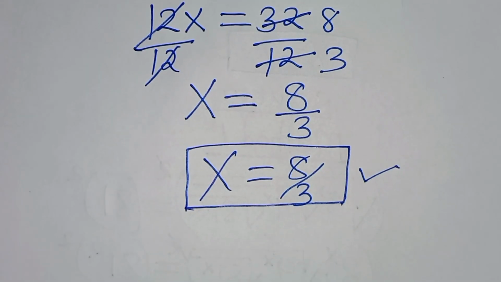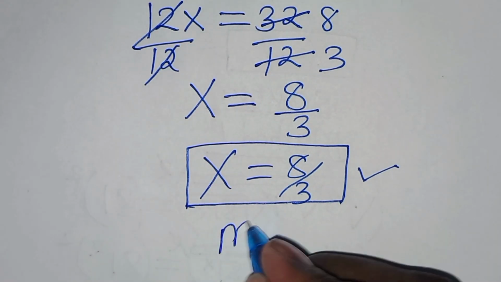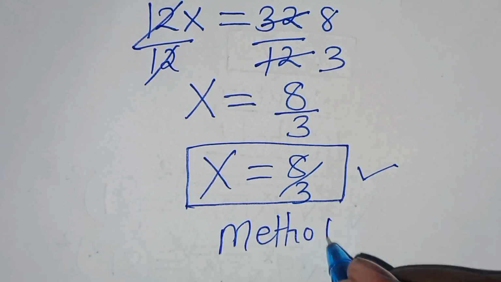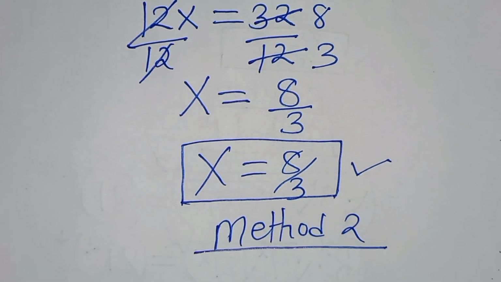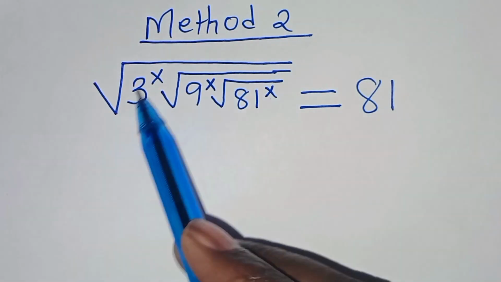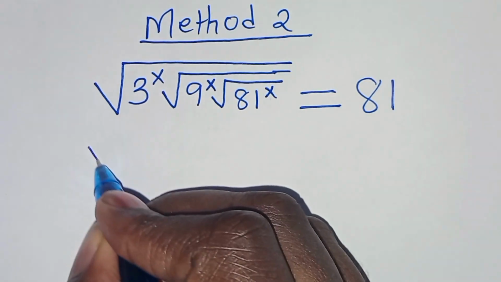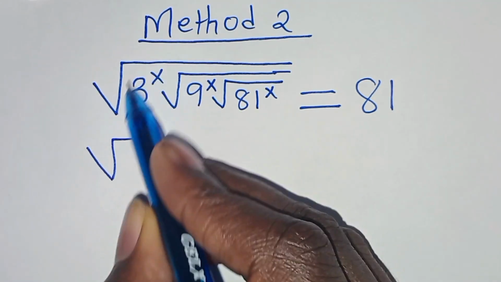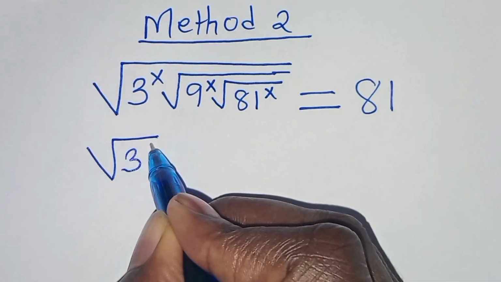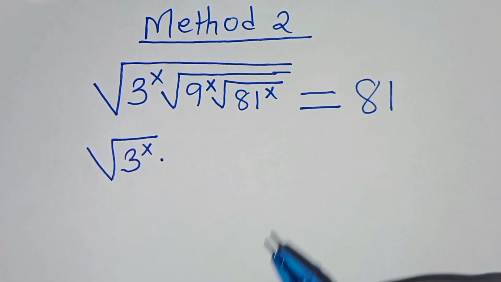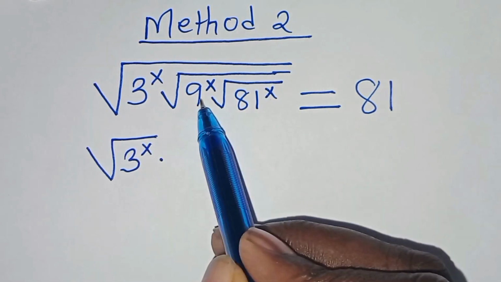So let's proceed to method 2. From here, we can express this as the square root of 3 to power x multiplied by the square root of 9 to power x.